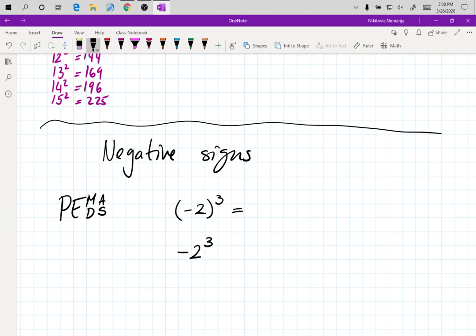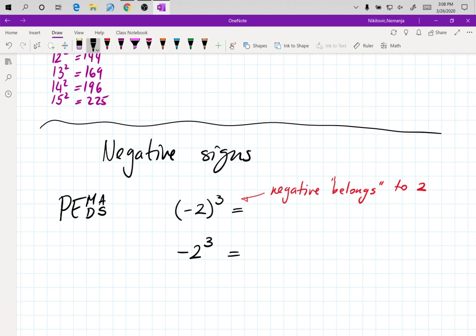On the top one, parentheses are grouping the negative sign with 2. So the negative belongs to 2.